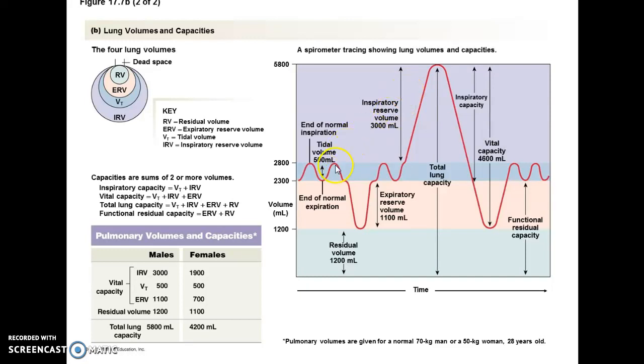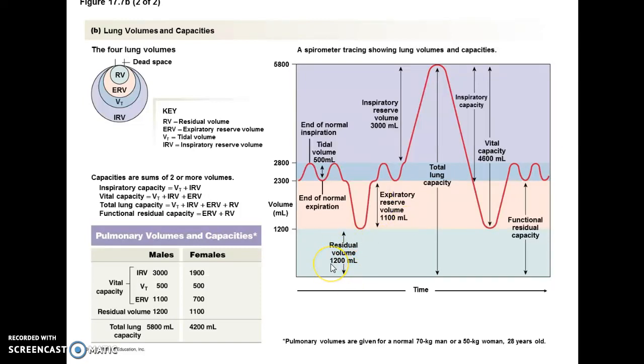Inspiratory reserve volume, tidal volume, and expiratory reserve volume together make our vital capacity. Vital capacity is the amount of volume in milliliters or liters that we can move air in and out of our lungs.